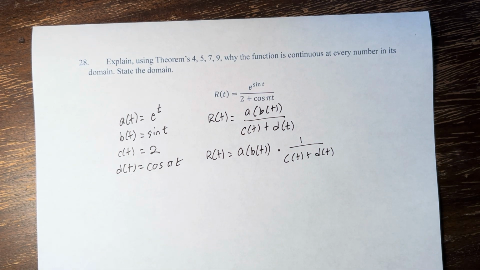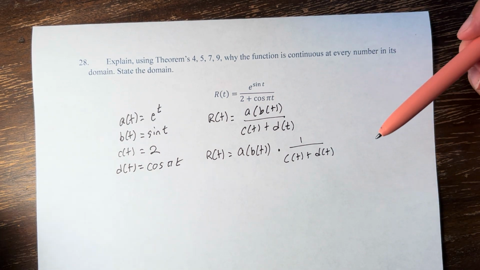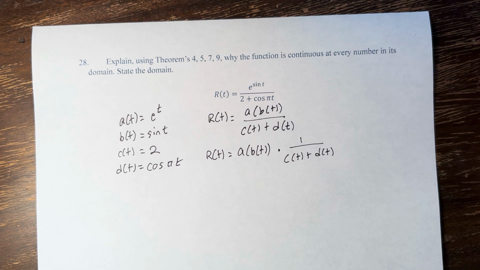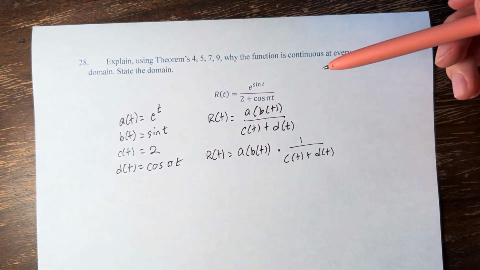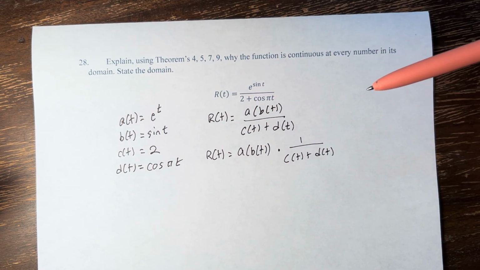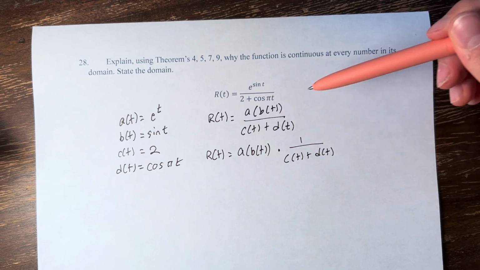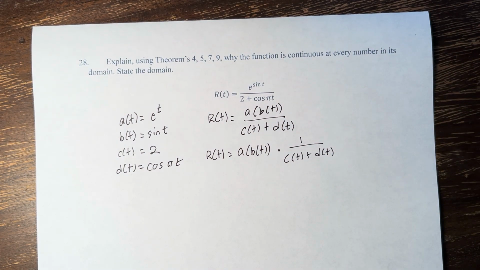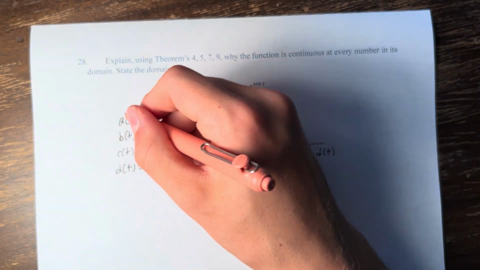And therefore, we can take the continuity restrictions from the domain restrictions of these individual functions, and if any of these functions have particular domain restrictions, then that results in a continuity restriction for the whole function, right?